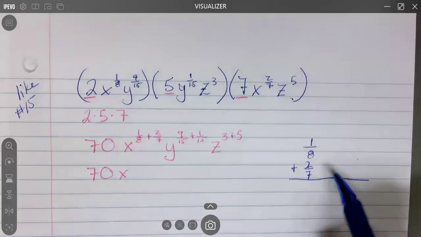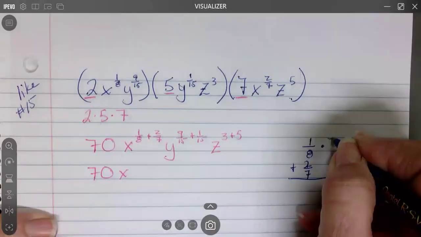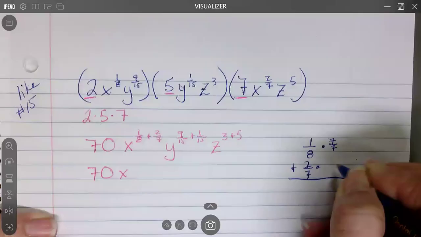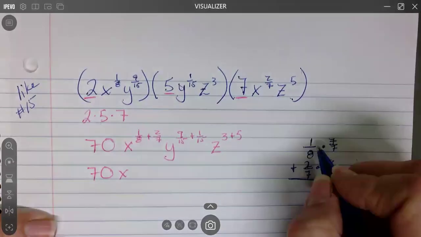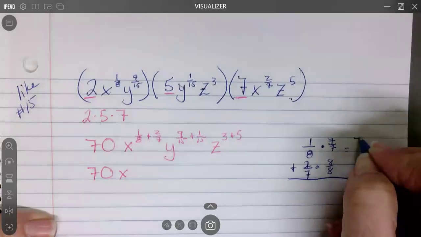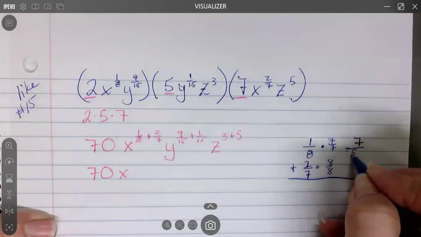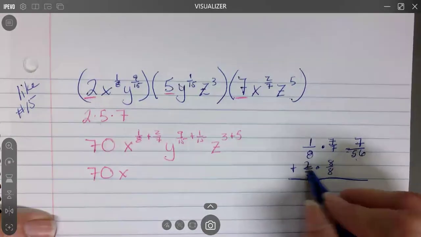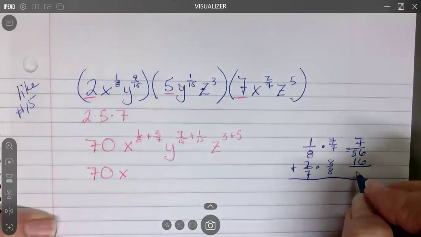I know that I have to multiply this one by 7/7, and I have to multiply this one by 8/8. 1 times 7 equals 7 over 8 times 7 equals 56. 2 times 8 equals 16. 7 times 8 equals 56.